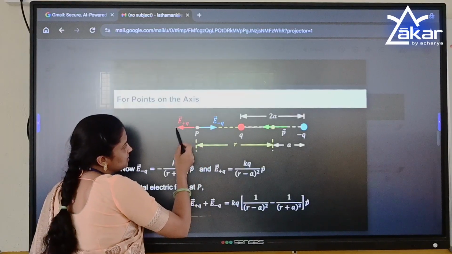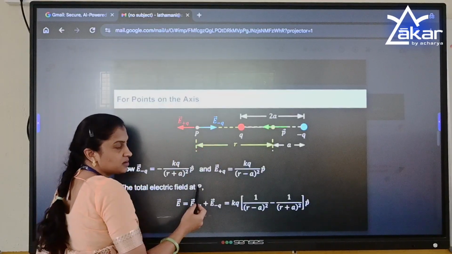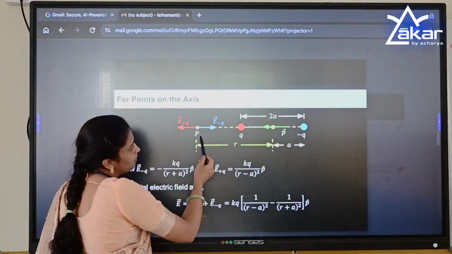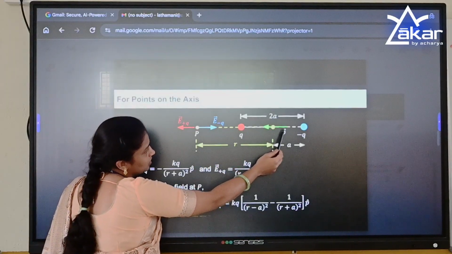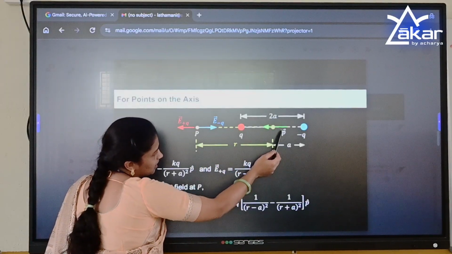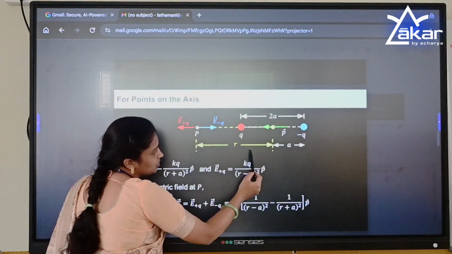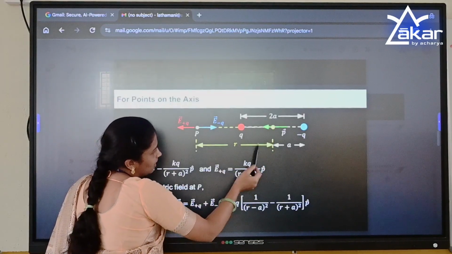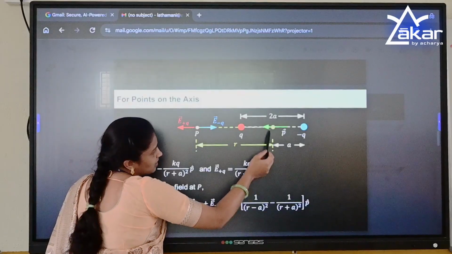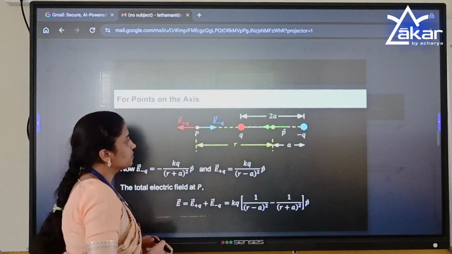So one is away, one is towards. And the distance from P to O, here I have taken the distance from charge plus Q to minus Q as 2A, and this distance as R.